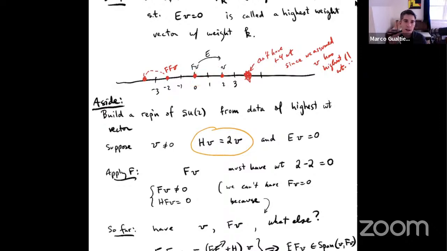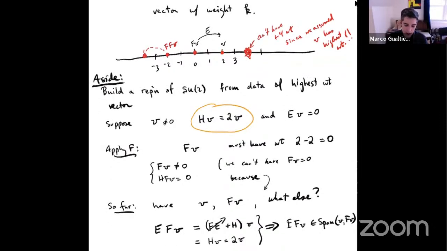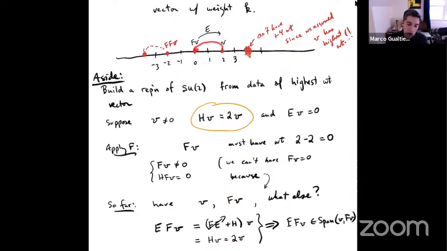So it will be a vector with eigenvalue 0 for the action of H. Now I'm claiming that when you apply F, it's automatic that the vector that you produce will not be 0.